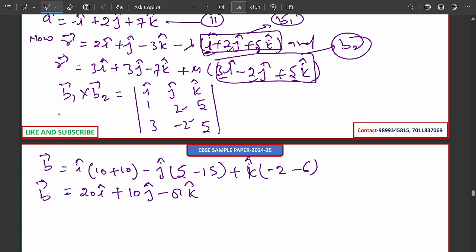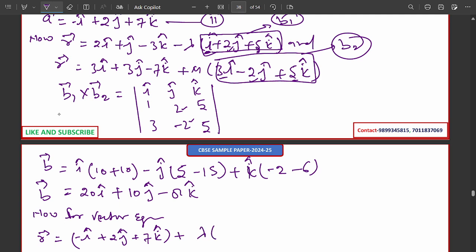Now for the vector equation, R is equal to, from equation first, A is given as minus i plus 2j plus 7k, which we have already found, and from equation number two, plus lambda b.